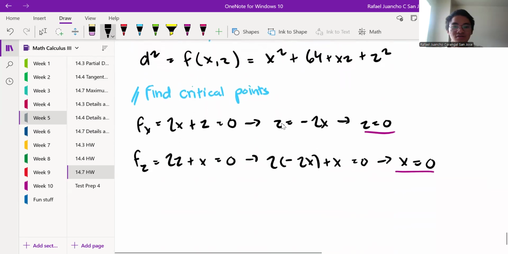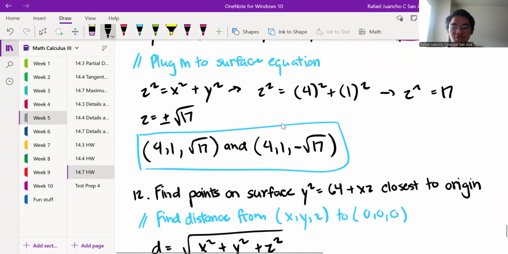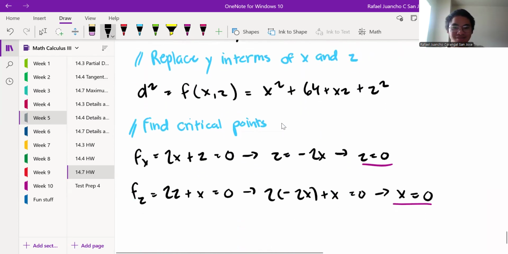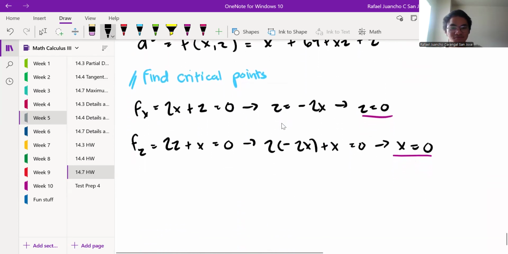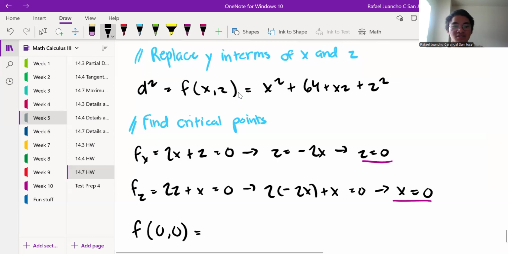And then from there, I plug it in, right? So after I find my critical points, I just plug it in to get my y value. So I do f of 0, 0. I get 64 though. Oh no, I plug it in my distance formula.